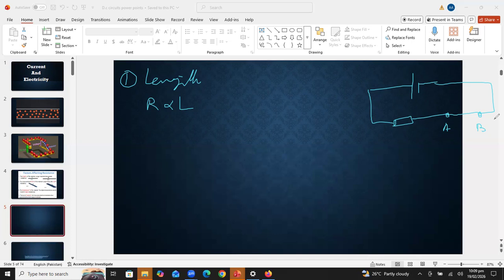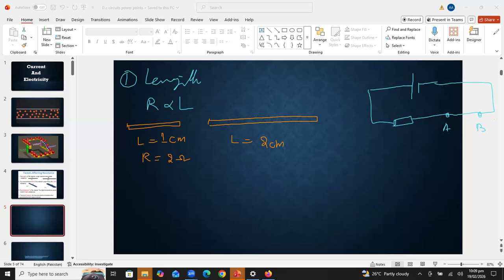For example, this is a wire with length 1 centimeter, and its resistance is 2 ohms. Now I'm using a wire of the same material. You can see this wire has twice the length compared to the first wire, so its resistance will be double.